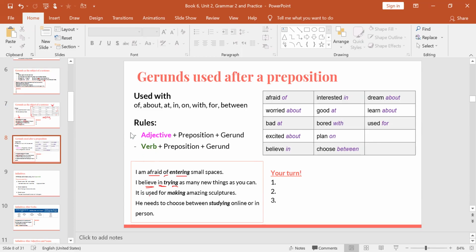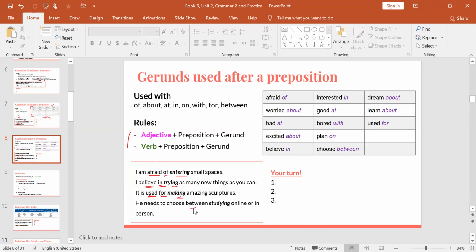So we see these are the rules. So there's only two ways that this can come up. Either you have an adjective or you have a verb. So we see that used is the verb, and for is a preposition, and then we have the gerund coming afterwards. He needs to choose between studying online.